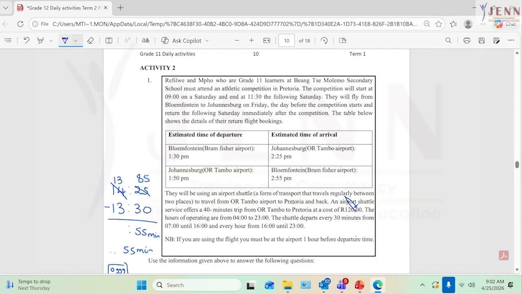From 9 o'clock the Saturday that they left to 9 o'clock the following Saturday, we have 7 full days.